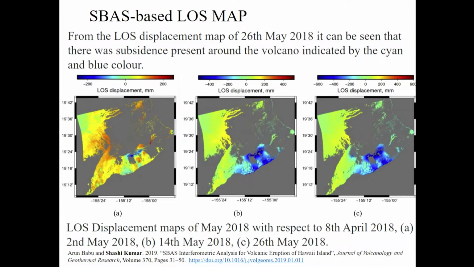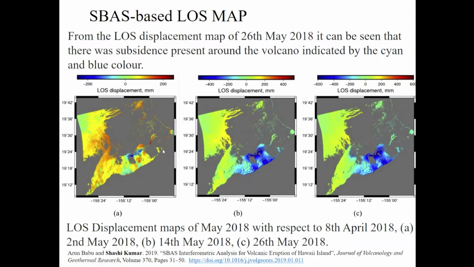One will be able to generate the vertical displacement also by implementing other approaches. Here you can see the line of sight displacement maps with respect to the image acquired on the 8th April 2018.